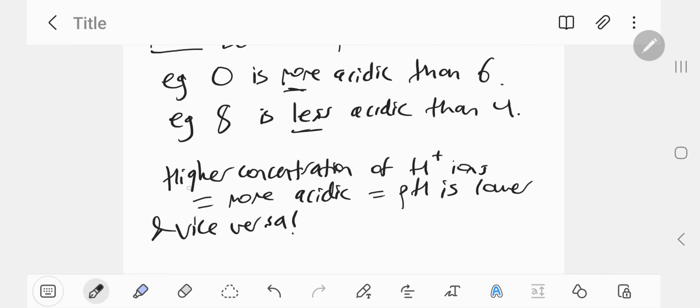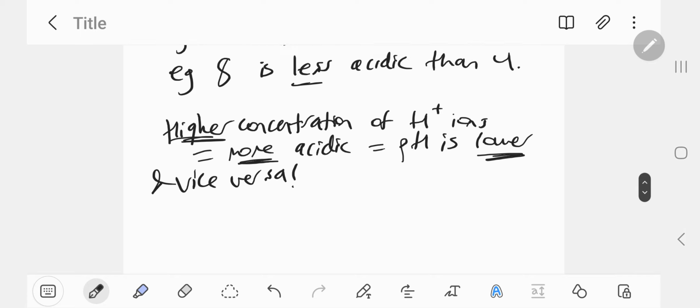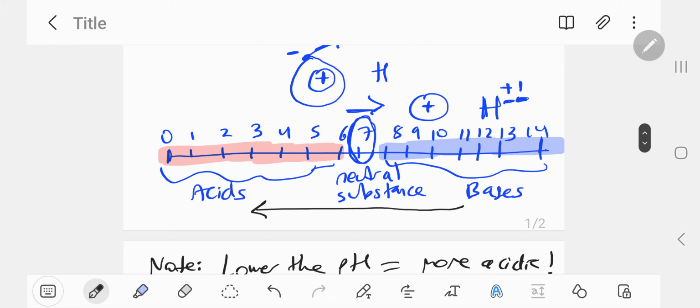In other words, the lower the concentration of hydrogen ions, the less acidic and the pH is higher. Also, it turns out that as you go up or down by 1 value in pH, the substance becomes 10 times less or 10 times more acidic, respectively. Let me show you what I mean.